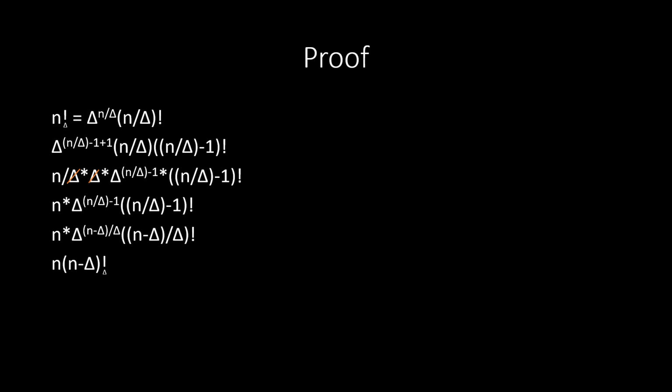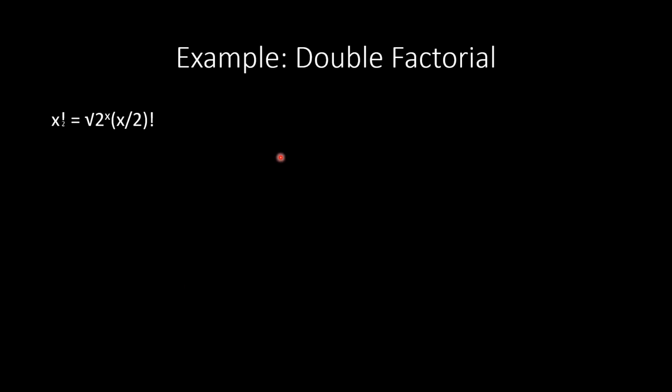Good. So now let's look at a nice example, the double factorial. For the double factorial, we set delta equal to 2, and we get the double factorial of x equaling square root 2 to the power of x times x over 2 factorial.